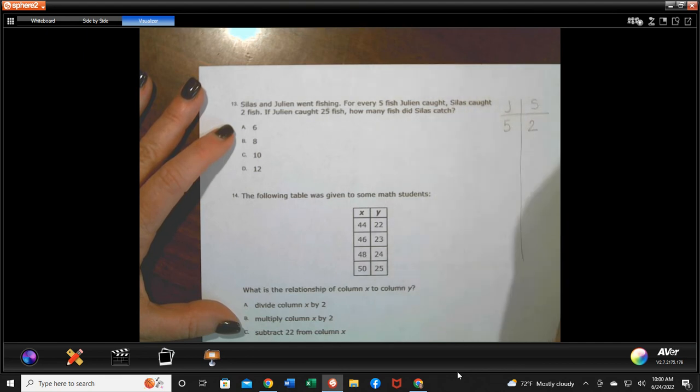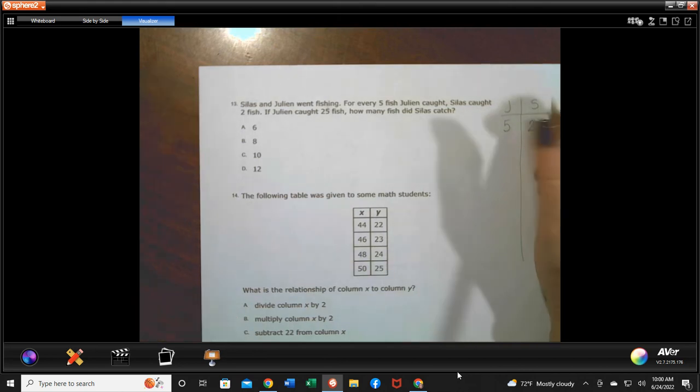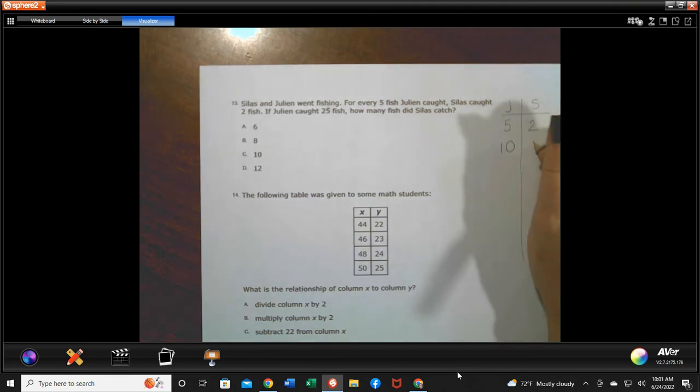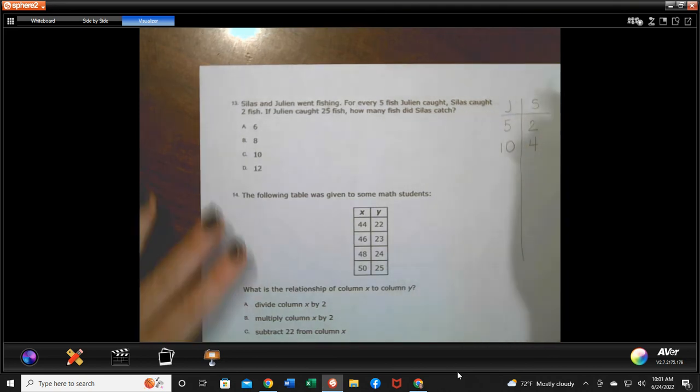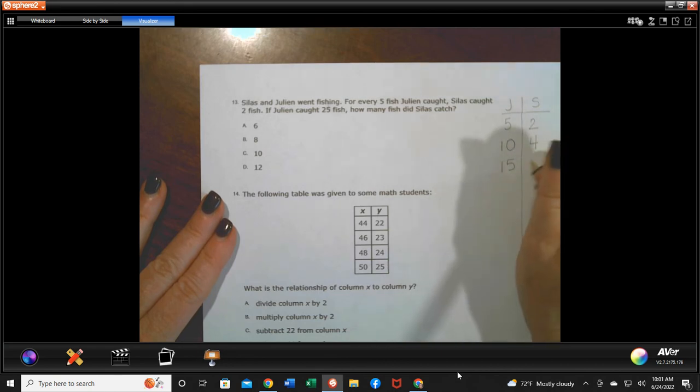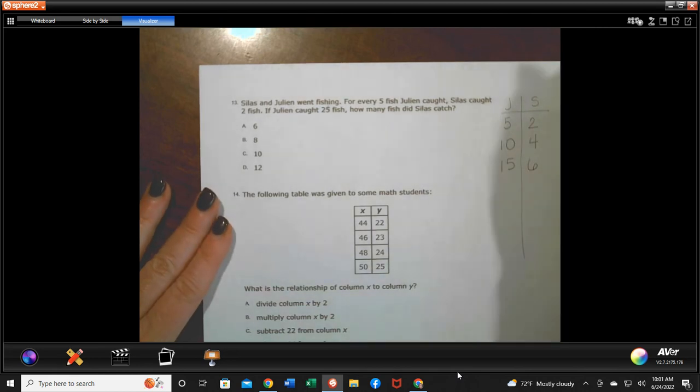All right. So when Julian catches his next set of 5, that would be 10, Silas would have 4. When Julian catches 5 more, Silas would have 6, right? So when Julian catches 20, Silas would have 8.